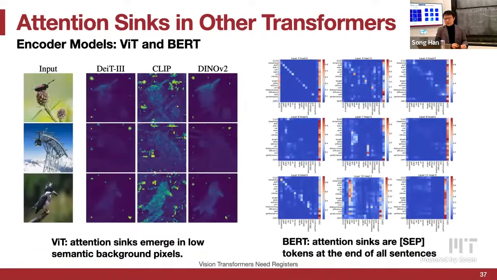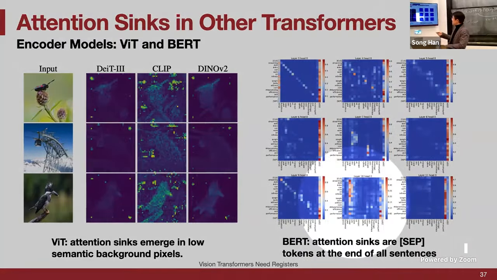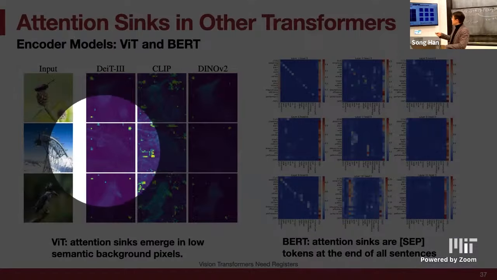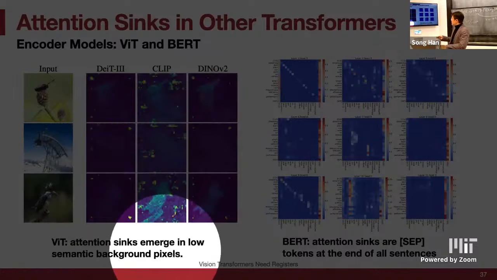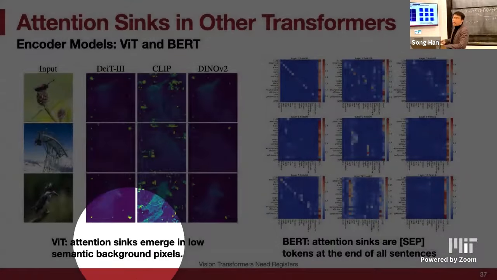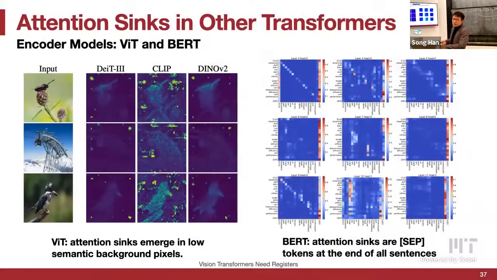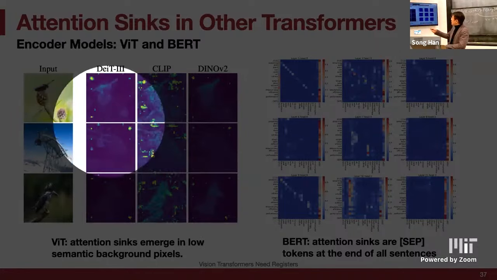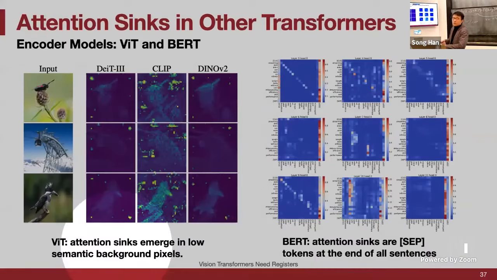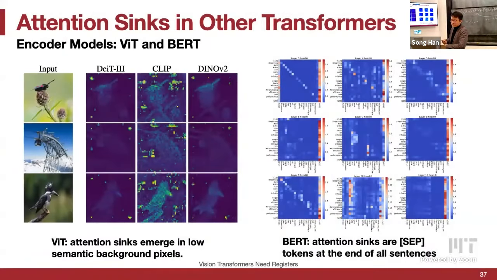And for the vision model, people also find these sink tokens, like right here, these colorful dots. These attention sinks emerge in low semantic background pixels. So the insect is in the middle, but in the low semantic background pixels, we observe a lot of attention sinks.